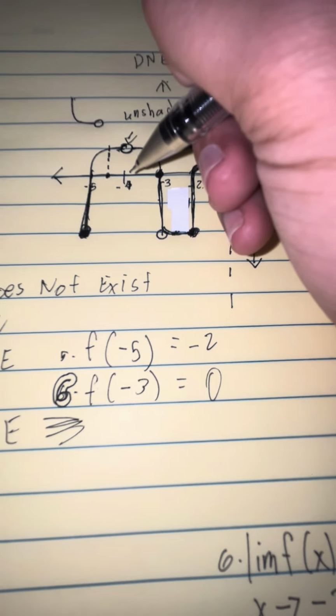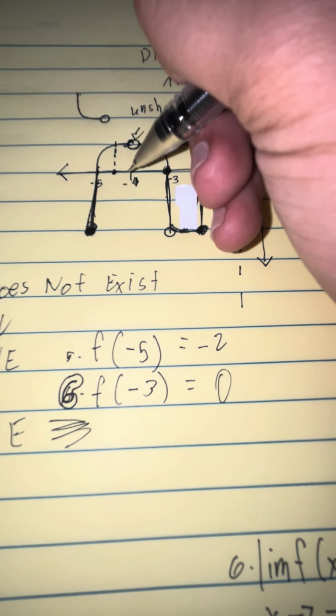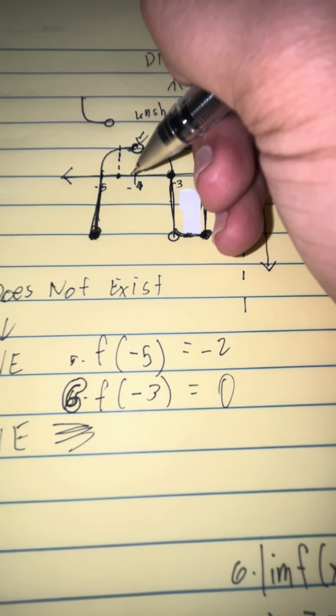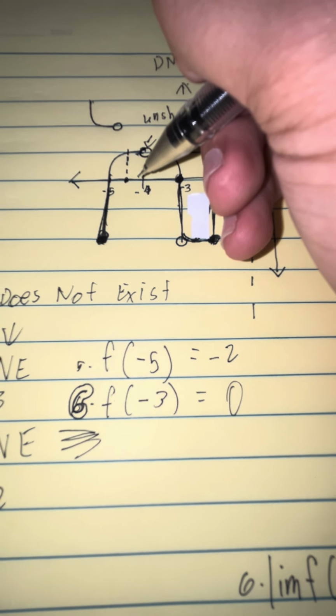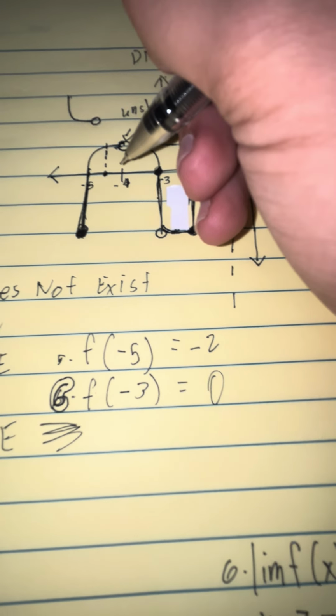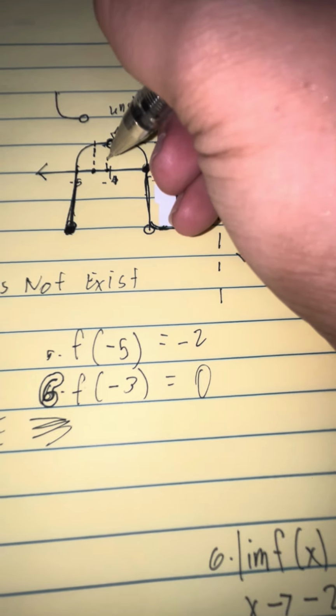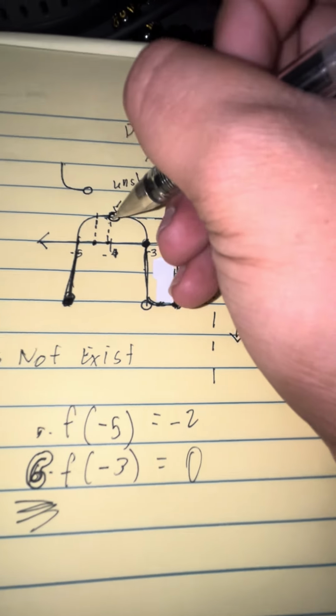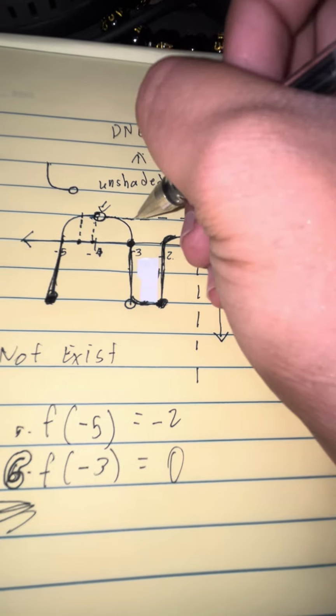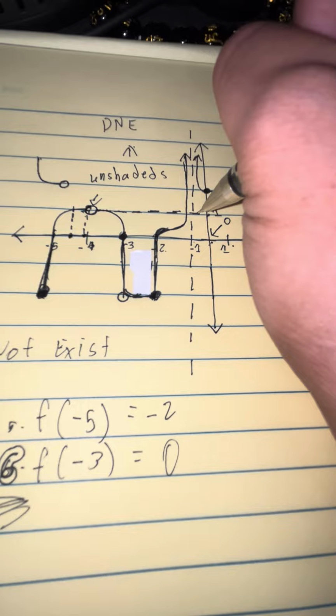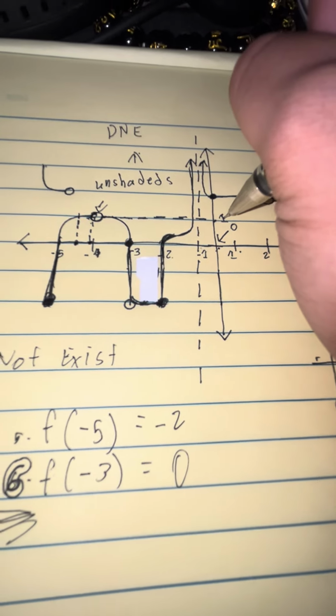Now let's try to get closer, okay? Let's go to here. Let's imagine this to be -4.1. Now we make our imaginary line again, and then again, over here, and we still get 1.